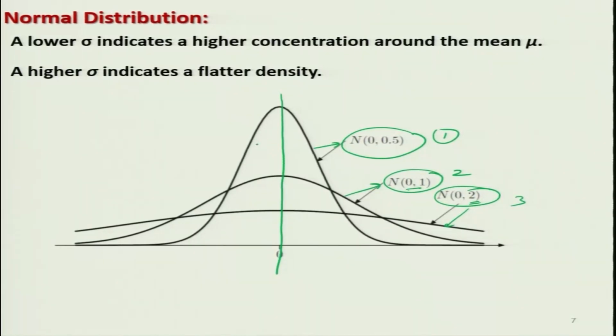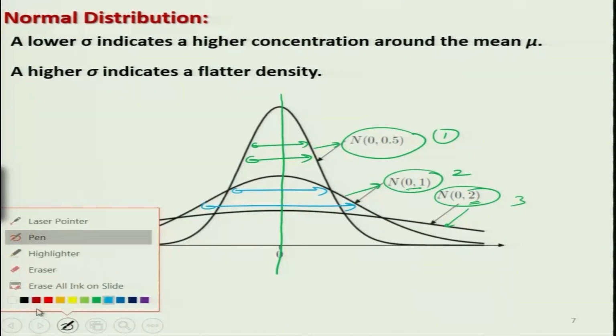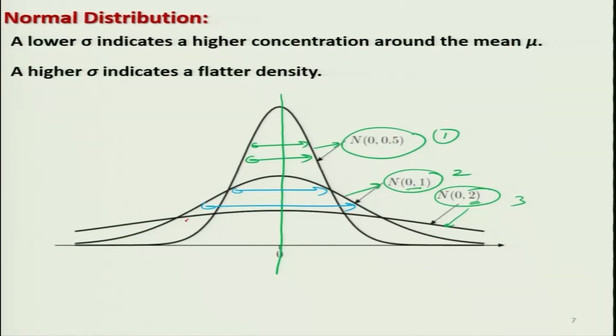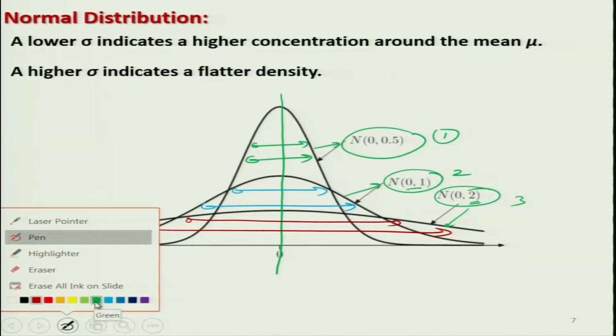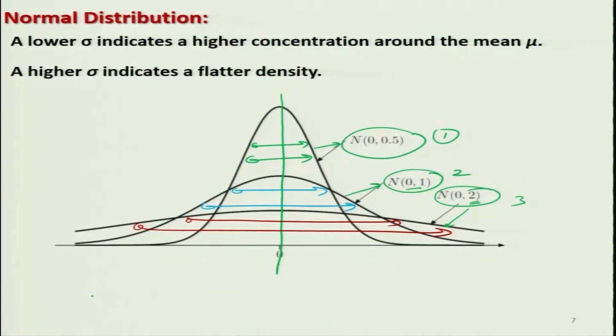Now, if you try to observe this area under curve number 1, then the area under curve number 2, and after that the area under curve number 3, this area indicates the spread of the values around the mean, that is 0.